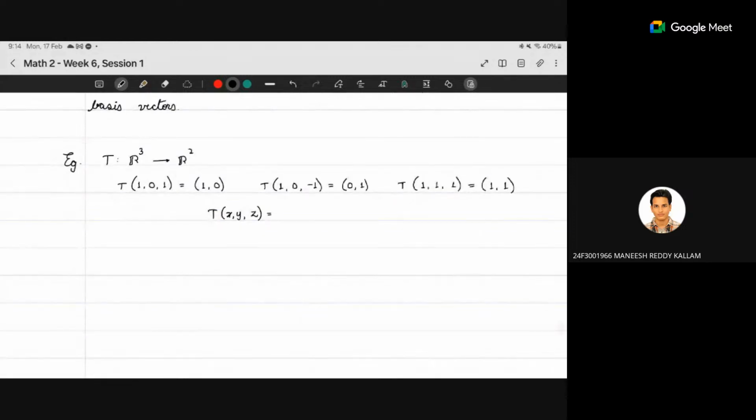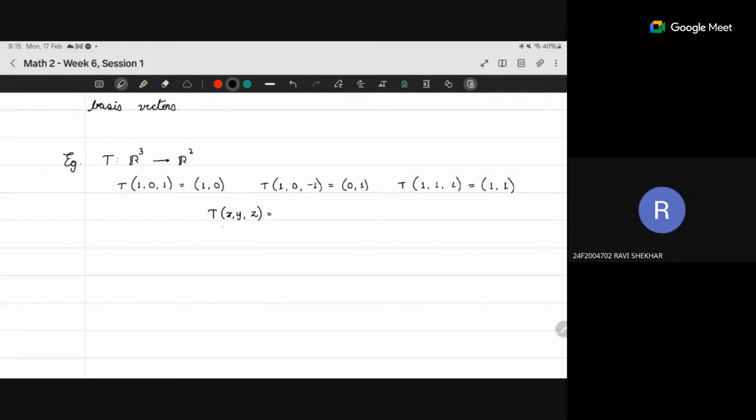Anyone with any luck? If not the final answer, at least can you tell me how to proceed? We try to find the relation between the standard basis and the given basis.